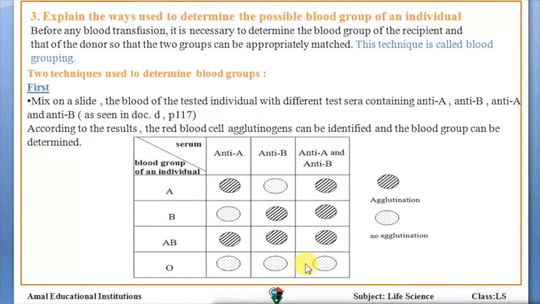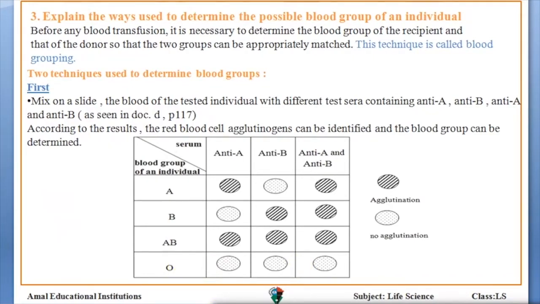Finally, if the blood cells of the individual do not show any agglutination with any of the sera, this is going to imply that the red blood cells of that individual has no antigen, and that would make that person of Group O.